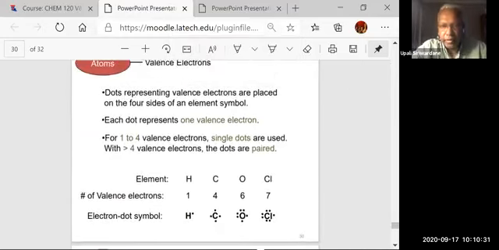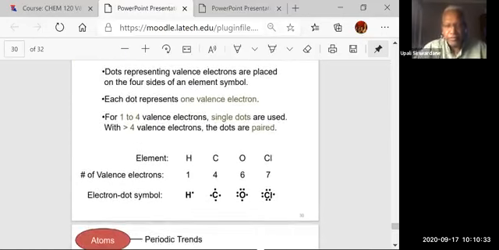Valence electrons are also used to show Lewis dot symbols, electron dot symbols. Hydrogen has 1 electron in the valence shell, carbon has 4 electrons, oxygen 6, and so on.